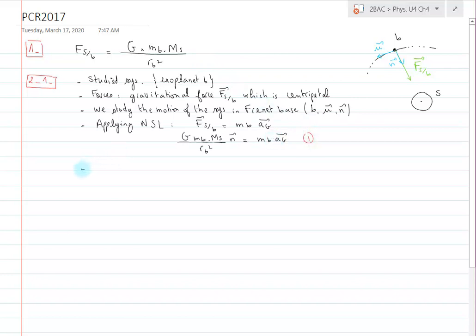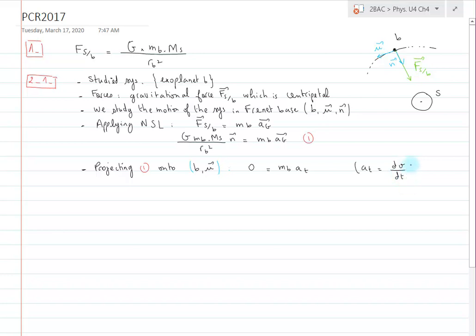So projecting equation 1 onto the axis (B, u) gives 0, because this vector is along n, it has no component along the u vector, so 0 is equal to m_B times a_t, and we know that a_t is equal to dv over dt.